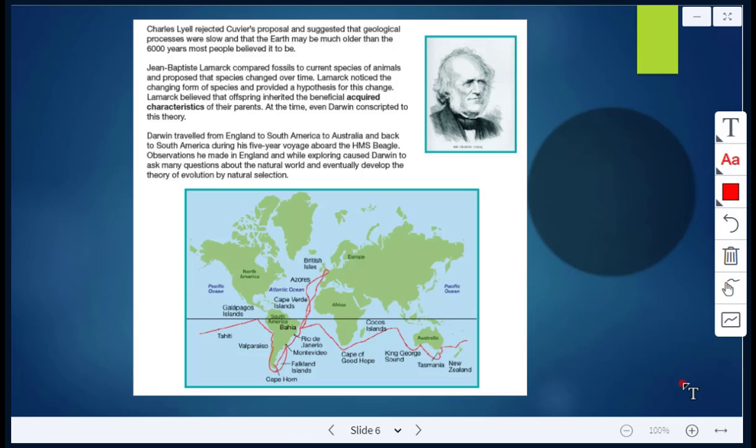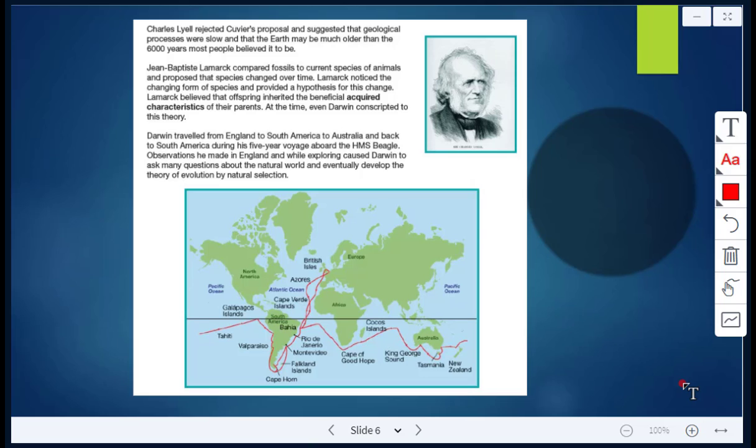And then Jean-Baptiste Lamarck compared fossils to current species of animals and proposed that species changed over time. He noticed the changing form of species and then provided a hypothesis for the change. He believed in acquired characteristics.